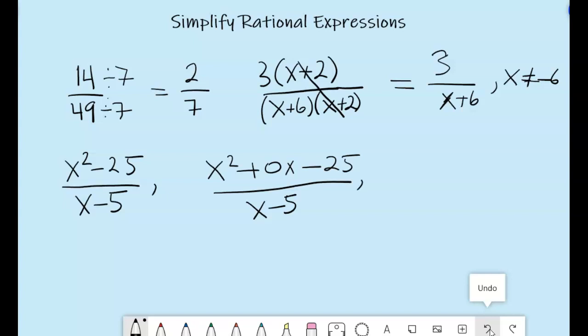And here you look for the factors of 25 that you multiply, and at the same time when you multiply you're supposed to get -25, and when you add you have to get 0. Here you realize that it's going to be -5 and then +5.